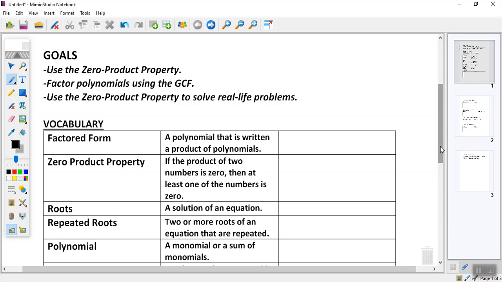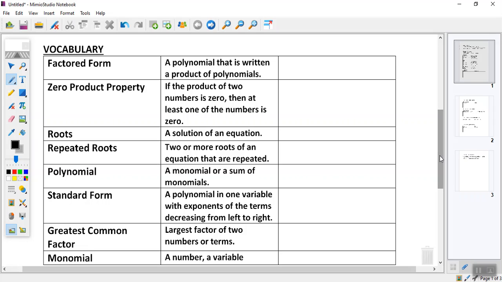All right, here we go. Guys, we're going to get a lot of vocab today, so make sure we take good notes here. The first one is factored form. Polynomial is written as a product. An example might be something like x plus 2 times 2x minus 6.